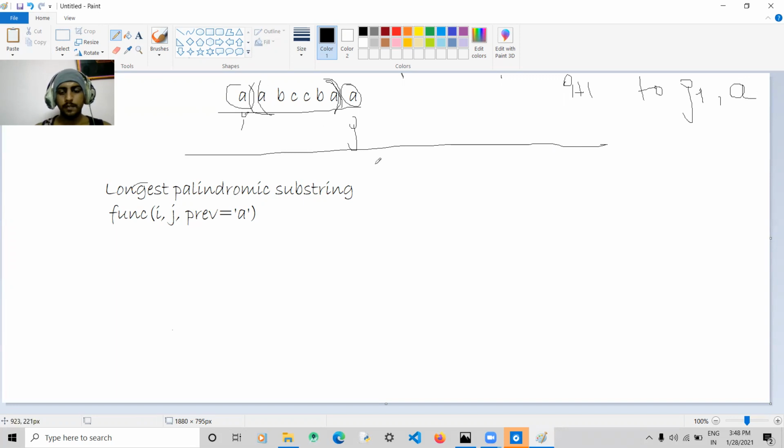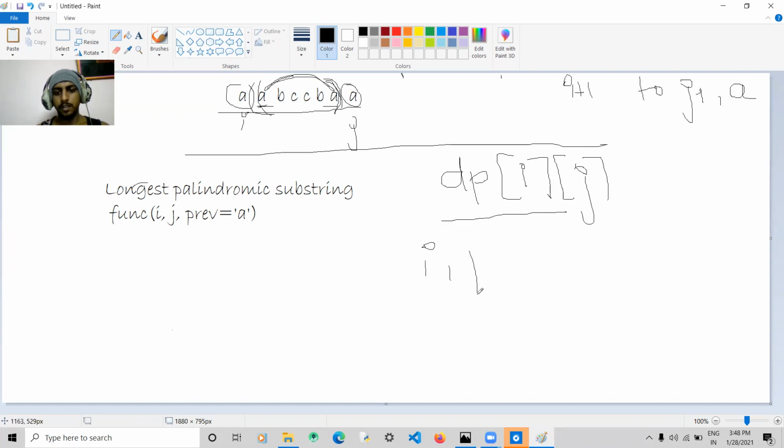When the normal palindromic substring works, it gives you the whole substring length, because there is no constraint that it can't start with a. So you define your dp like this: dp of i, j, prev is the longest palindromic substring in i to j inclusive, such that previously it started with the letter prev.